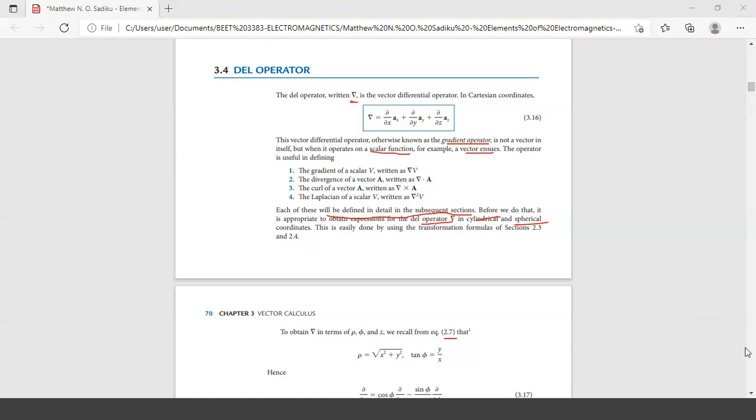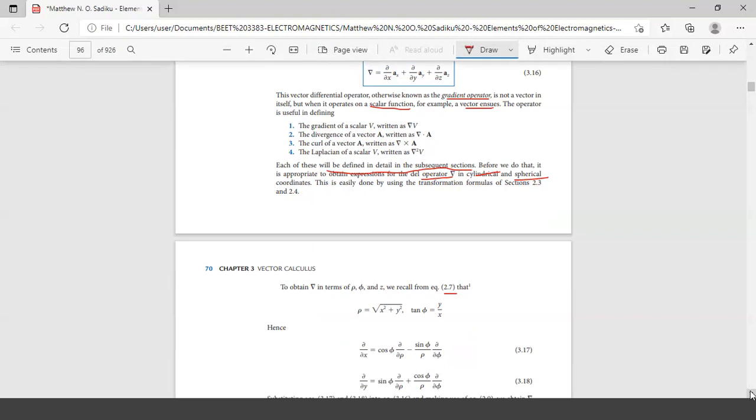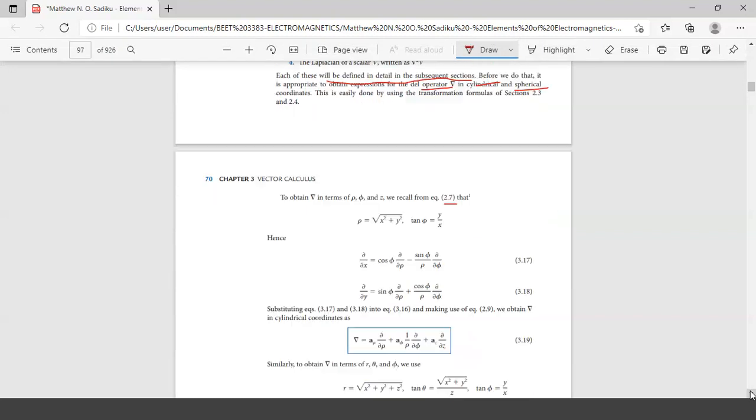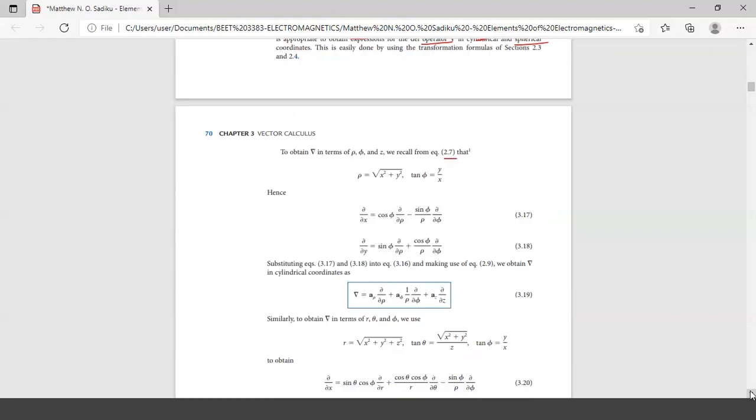So when we have Cartesian, we need to transform to the cylindrical and spherical. Using the previous transformation method, we can get the cylindrical coordinate like this. Del equals del over del rho in the direction of rho, plus 1 over rho del over del phi in the direction of phi, plus del over del z in the direction of z.